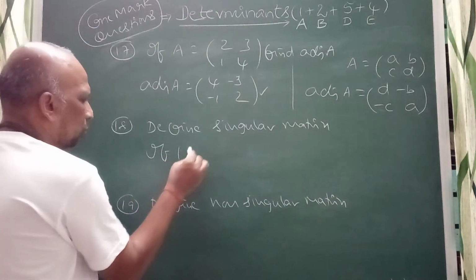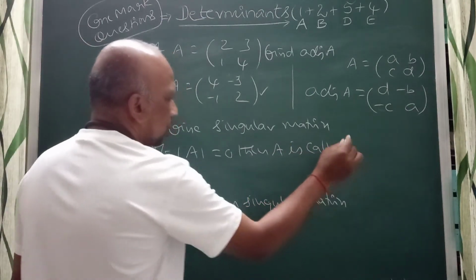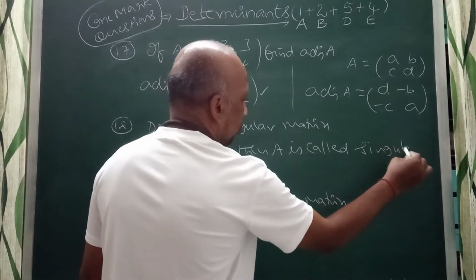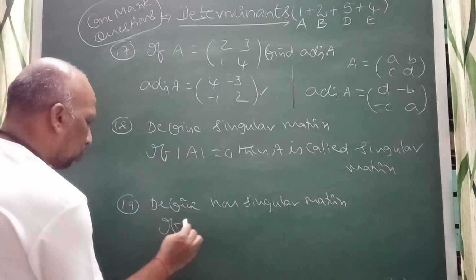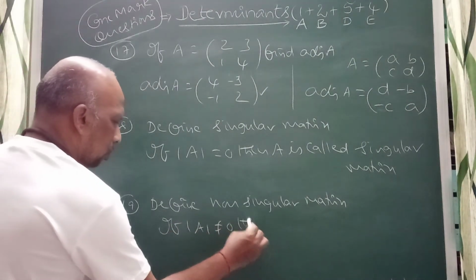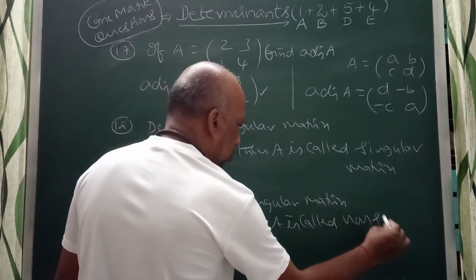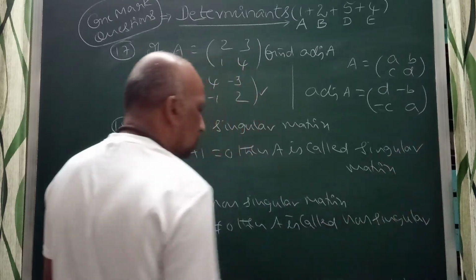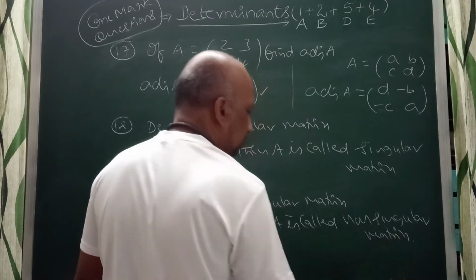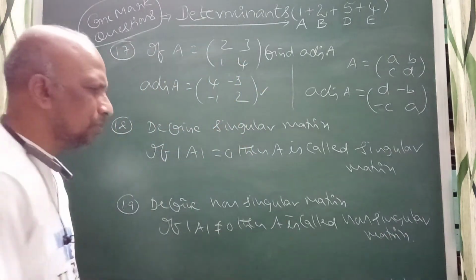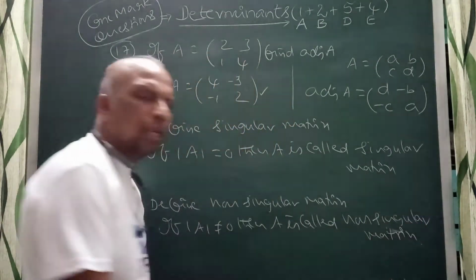If det A is not equal to 0, then A is called a non-singular matrix.